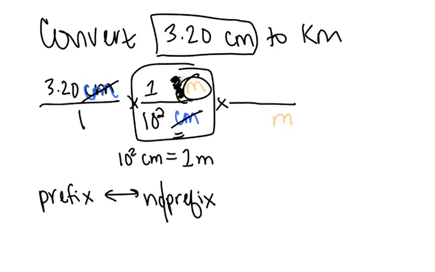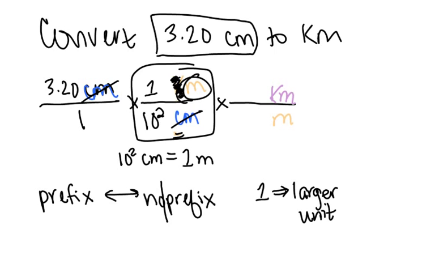So from meters, you are allowed to go to kilometers. And now you fill in your 1 and your power of 10. Now, this is where you really have to pay attention to what's going on. The rule is, again, that the 1 will always be beside the larger unit of the two that are on your fractions.